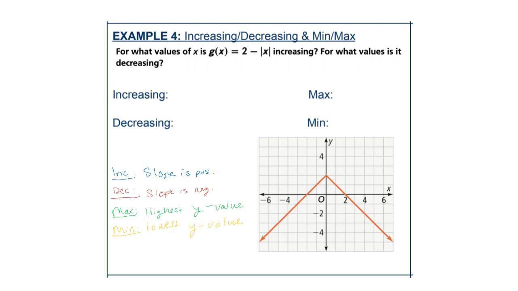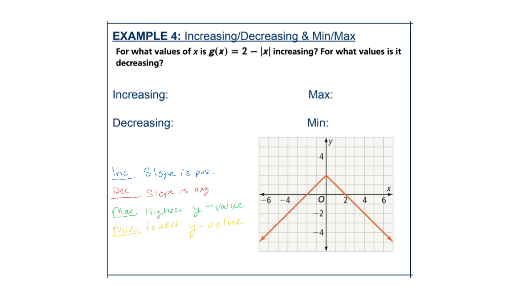Now, some functions only have a max, some only have a min, some have both. You'll see examples of both of these. And then some don't even have a max or min at all. That'd be a linear function.